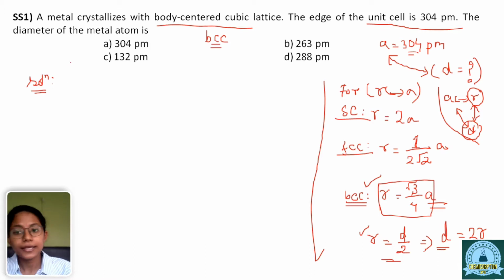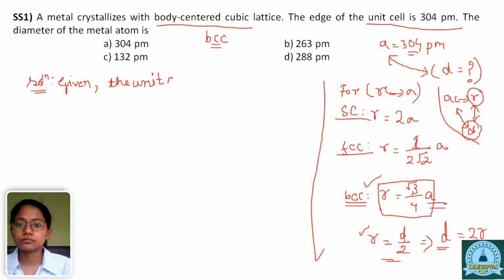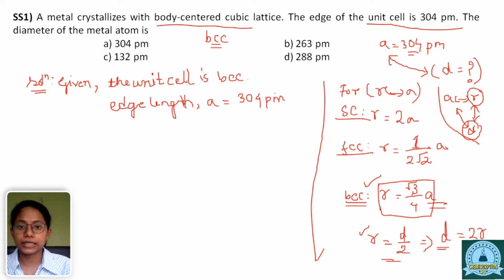Solution. Here we will see what is given. Given the unit cell is BCC, and also the edge length, which is denoted by a, is equal to 304 picometer.